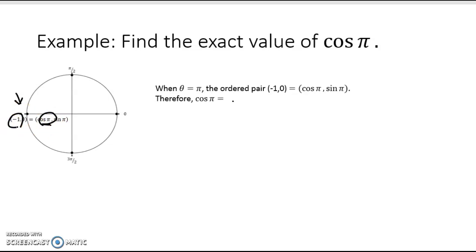So cosine of pi is the same thing as -1. That's your answer. Same thing, I'll look for the second coordinate since I'm looking for sine of pi. That'd be 0. So sine of pi would be 0.